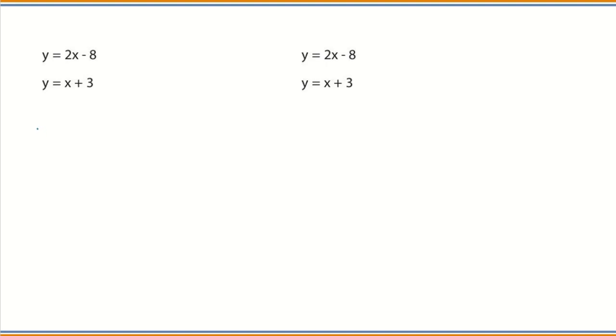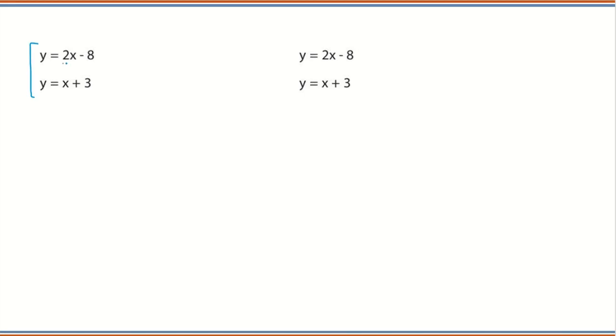First, I'm going to start with the method of substitution. I'm going to take this and put it here. 2x minus 8 equal x plus 3. Now I need to rearrange this equation to put like terms together. I will start putting all the x terms on the left hand side.